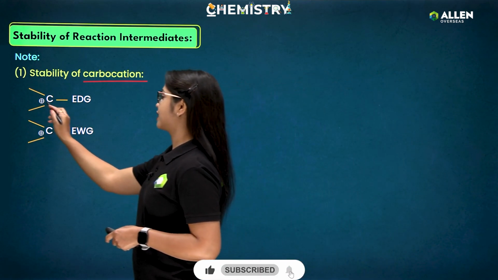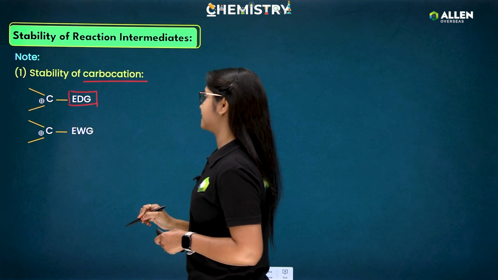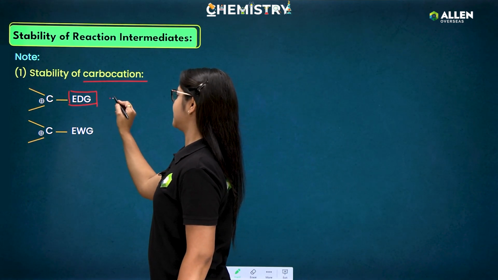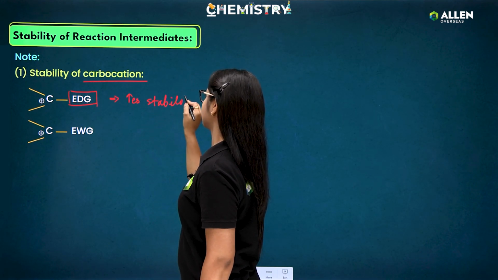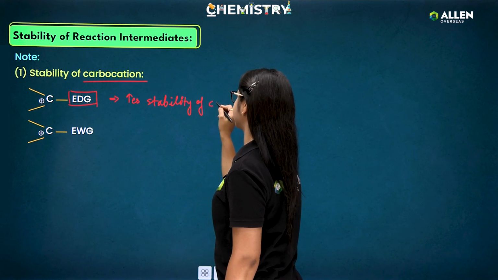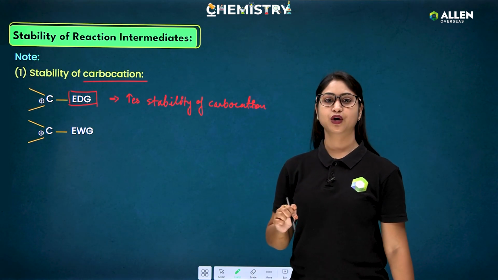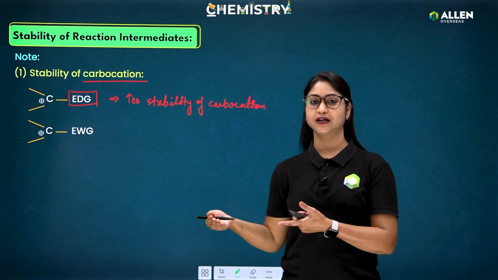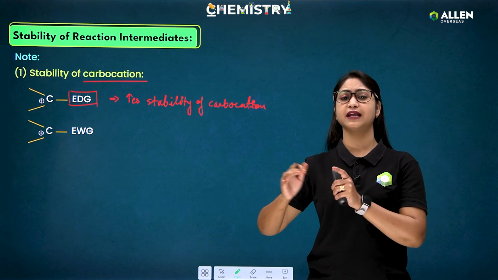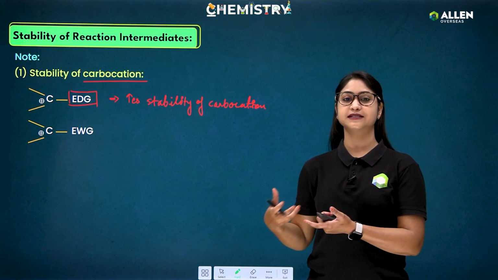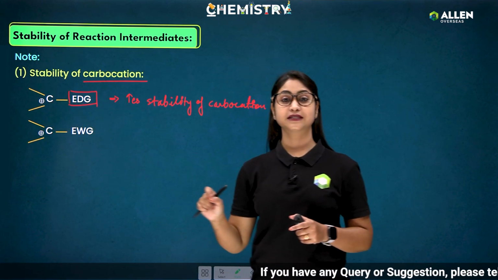When carbocation is attached to an electron donating group, electron donating groups increase the stability of carbocation. Because electron donating groups are donating electrons, kind of completing its electron deficiency, they are making it more stable.